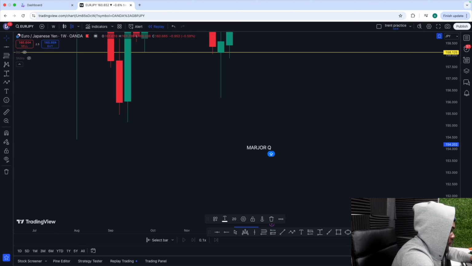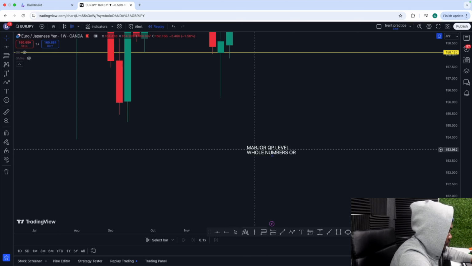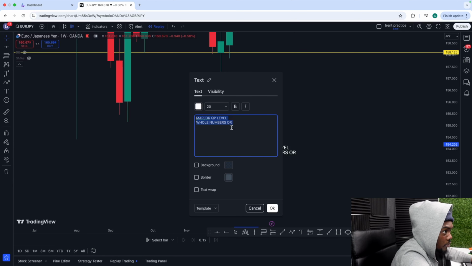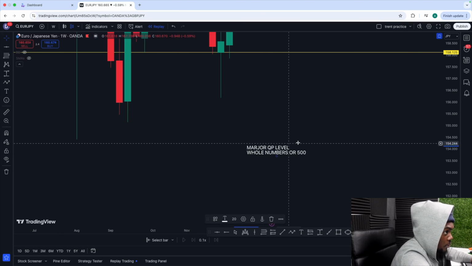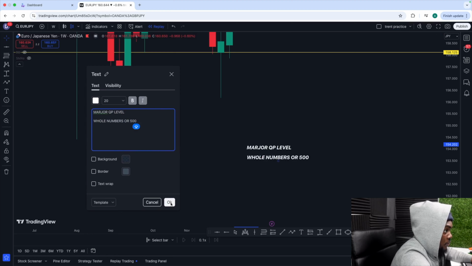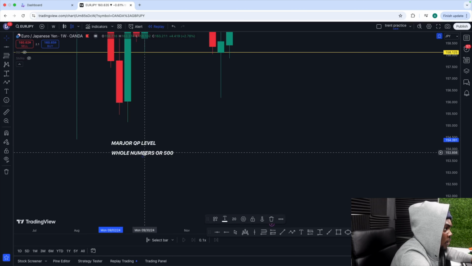Major QP levels is going to be any whole numbers or 500. So major QP levels will be any whole numbers or 500.